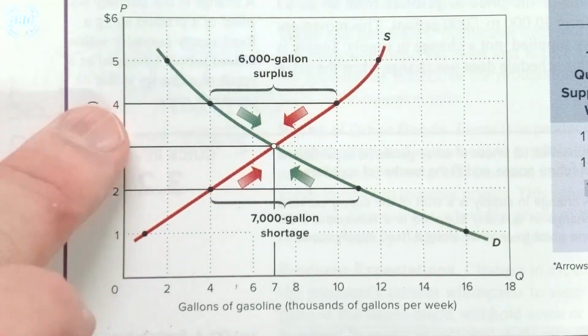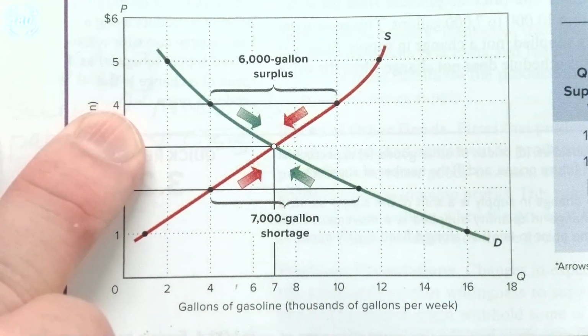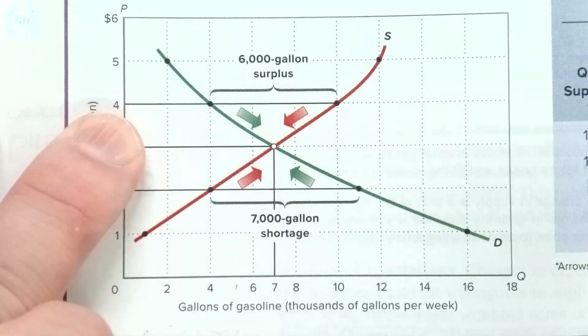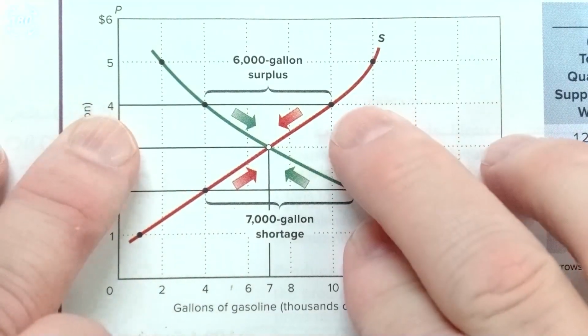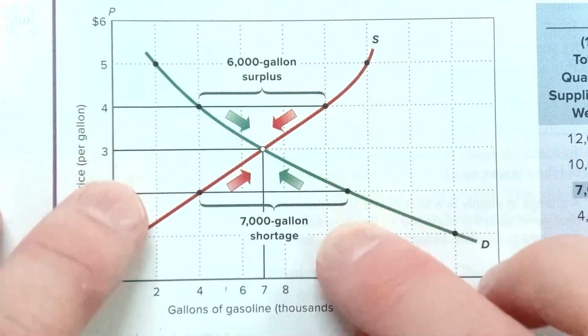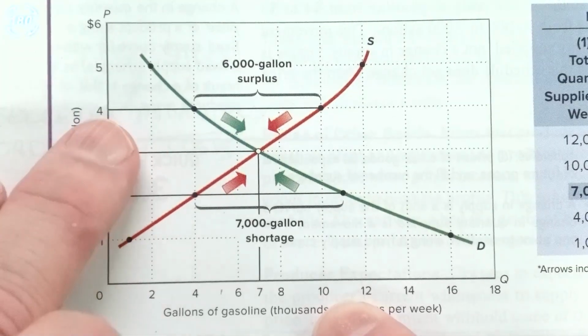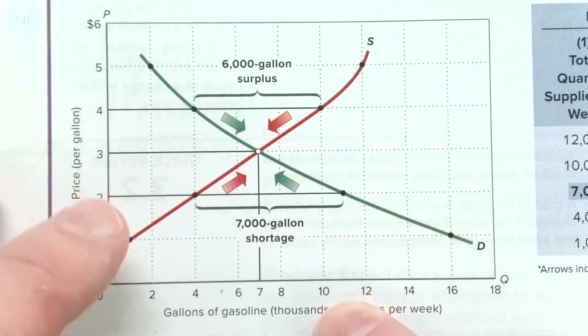If the price of gasoline's high, a lot of producers are going to want to sell gasoline, but not very many people want to buy gasoline. So my question here is, how many units will be brought to market? You look down here from the supply curve, you look at this point, and you come down, you'll see there'll be 10,000 gallons brought to market each week. 10,000 gallons in a week that has the price of gasoline at $4 a gallon.